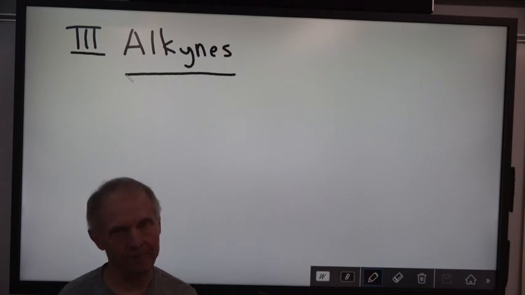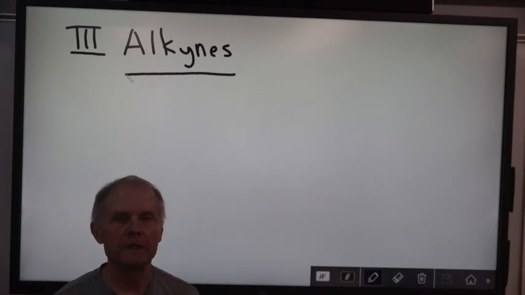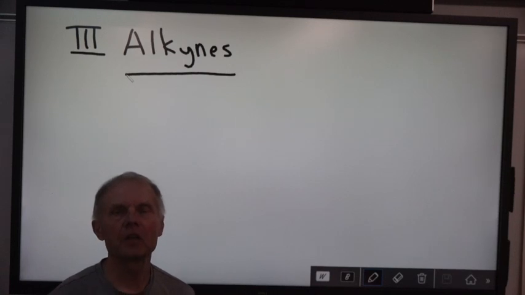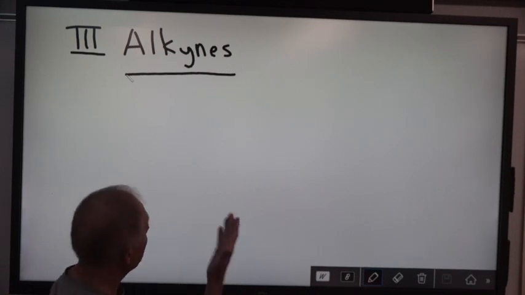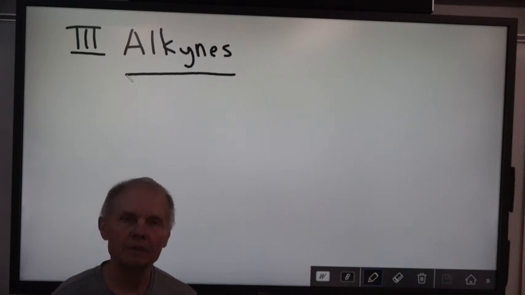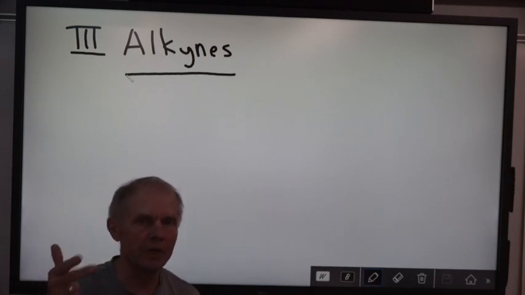Look what we got. If it's all single bonds, it's alkanes. If there's 1 double bond in the carbon chain, they're called alkenes. For this one, there's going to be 1 triple bond. So we have anes, enes, ynes: single bonds, 1 double, and 1 triple.